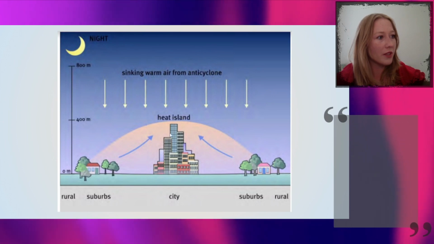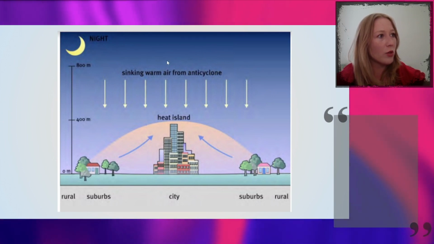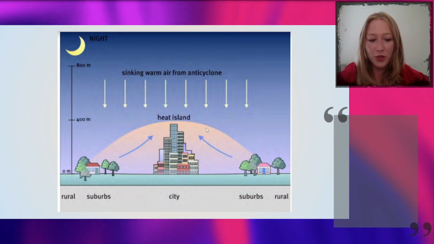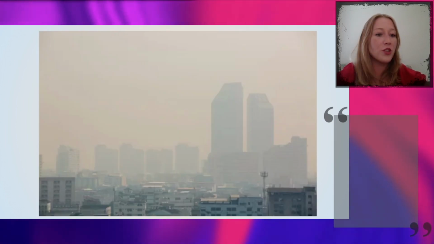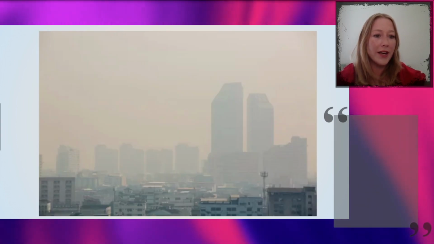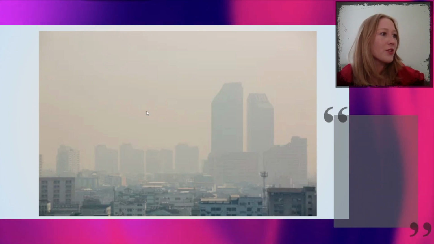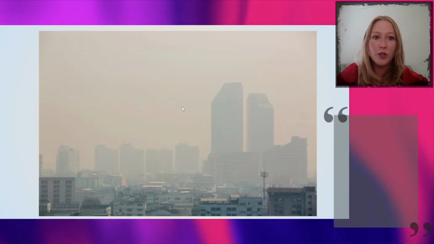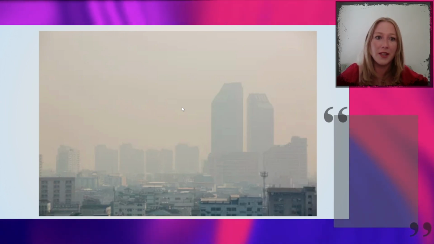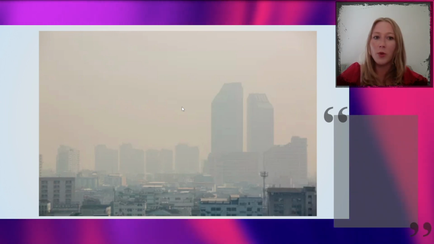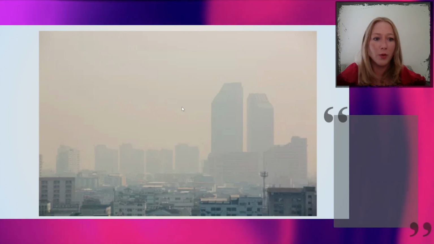And same thing over here: warm over there, cooler over here, temperature inversion. Just a nice little visual of what smog or a pollution dome would look like. So this all gets stuck over the urban area, over the city, and you would need some wind to come and blow it away.